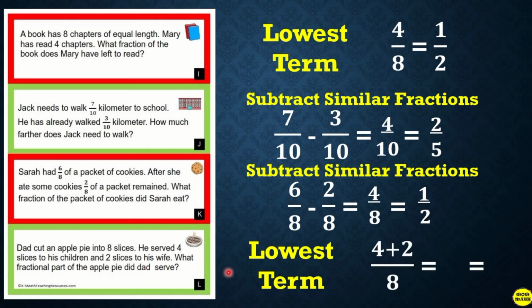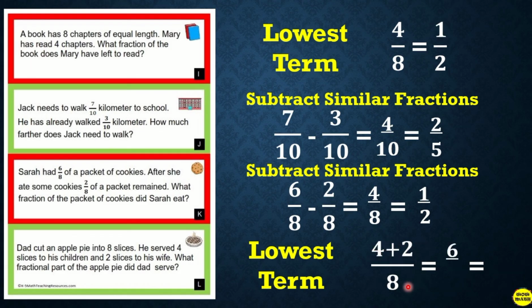Okay, so, ang gagawin natin, since nag-serve siya sa mga children niya ng 4 slices, and then nag-serve siya sa kanyang wife ng 2 slices, so i-add natin yung mga sinerve niya kasi yun ang hinahanap. What fractional part daw of the apple pie did Dad serve? So, i-add natin. So, 4 plus 2, that is 6.